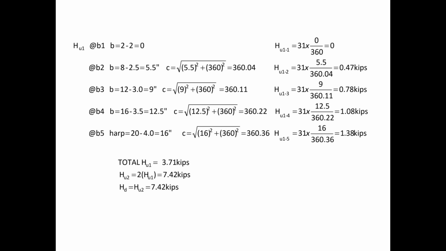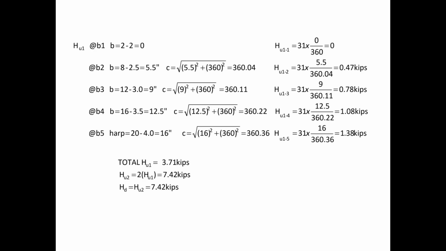Again, at the end of the bed, it's at 8 inches, which is 2 inches above strand one. But then at the hold down location, it's a 1/2 inch above strand one. And so that gives us a total B of 5.5 inches for strand two.